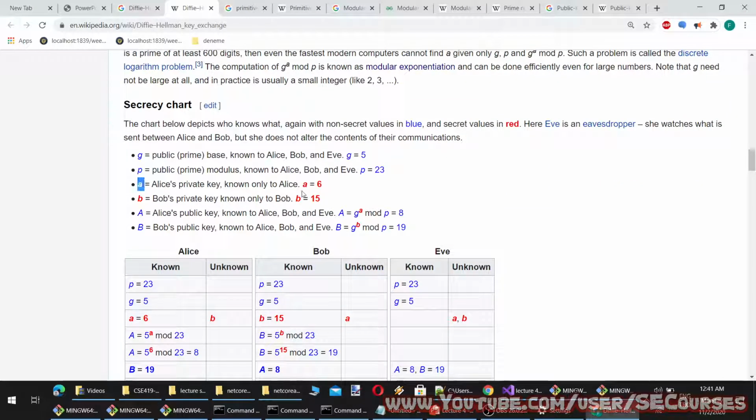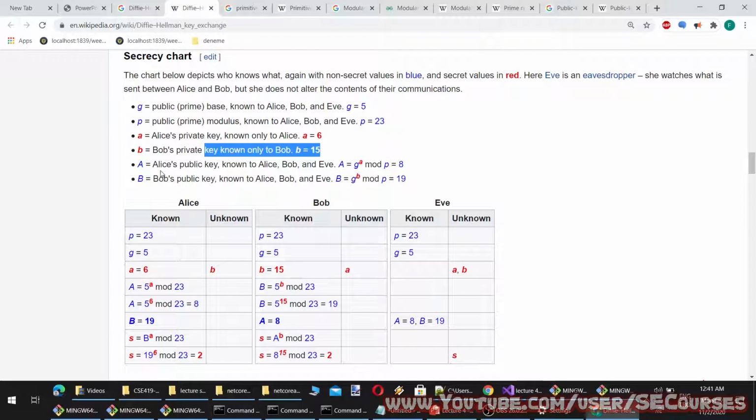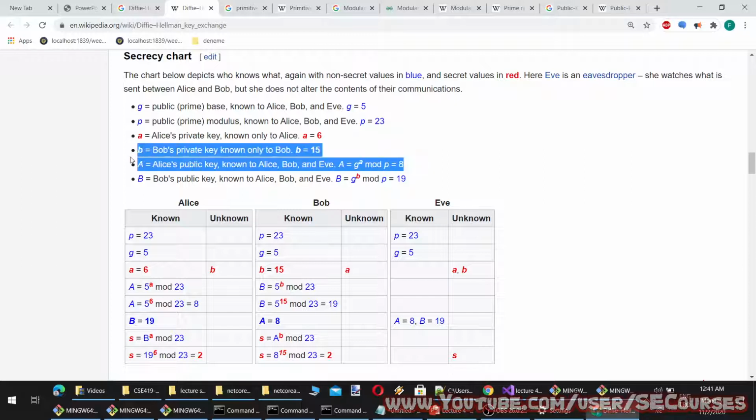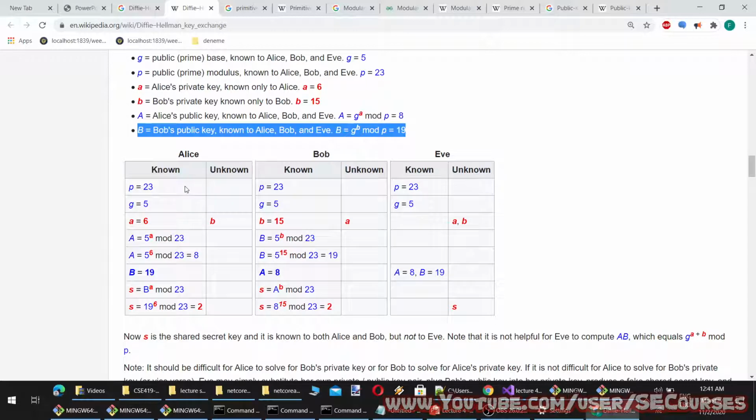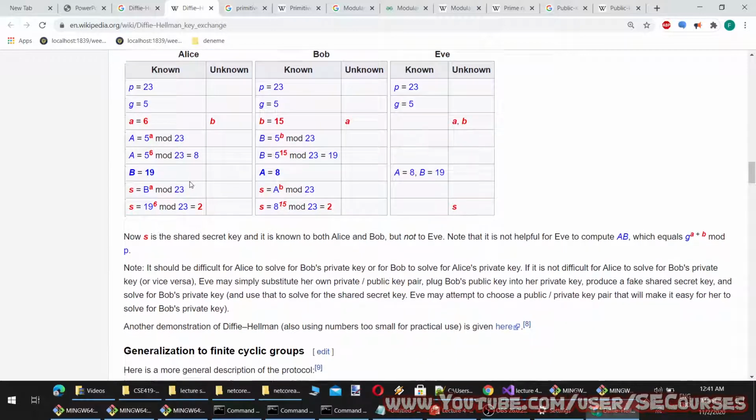And A is Alice's private key, only known to Alice, and B is Bob's private key, only known to Bob. Then they send their calculations to each other, and by using that, they generate a shared private key. Okay.